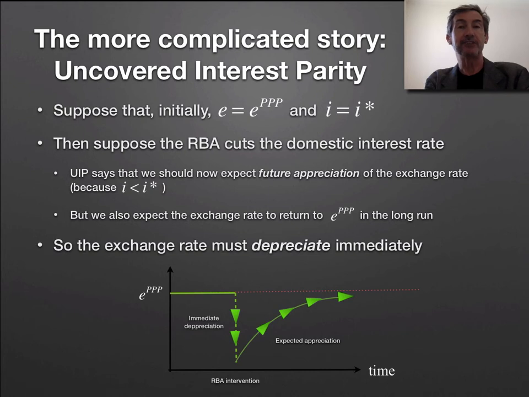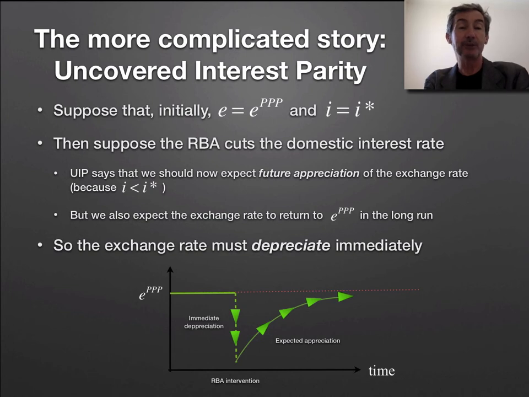So what we expect is that when the RBA cuts the interest rate, the exchange rate is going to fall as well, because that validates the expectations of future appreciation of the exchange rate while staying consistent with the idea that the long run exchange rate is going to be at the purchasing power parity value. So that again tells us that a cut in interest rates will lead to a cut in exchange rates.